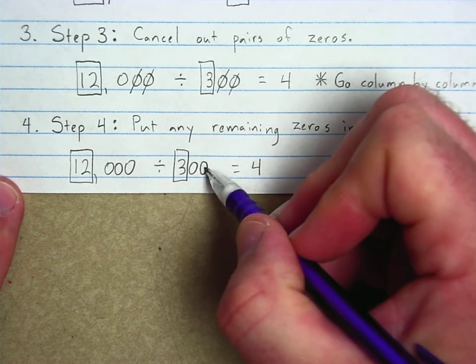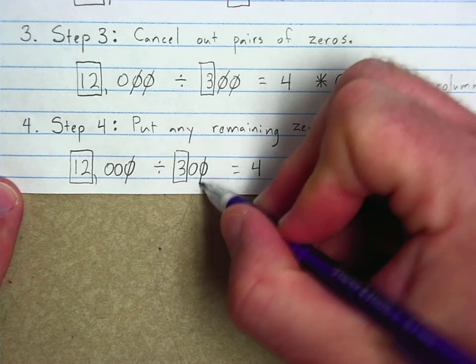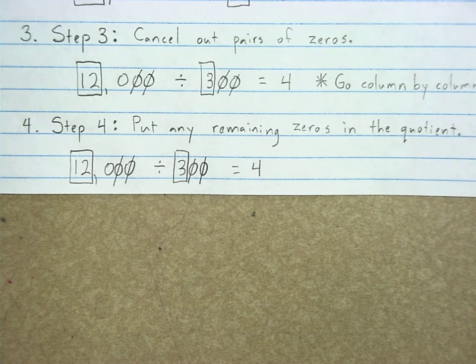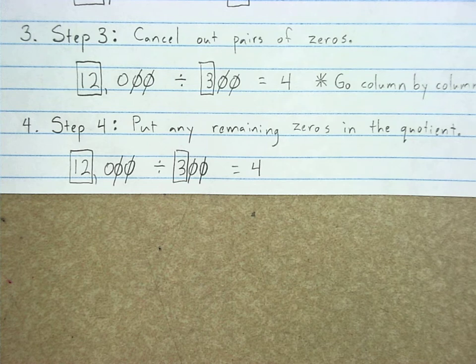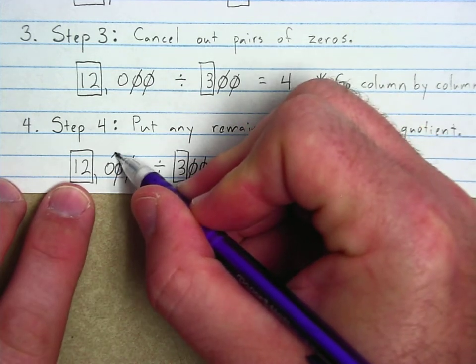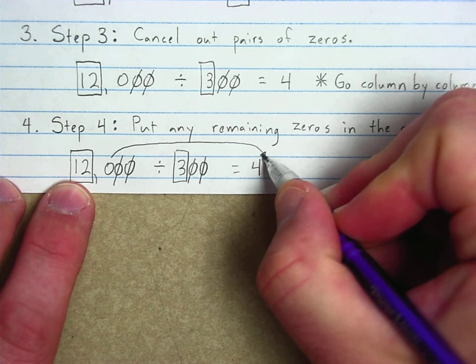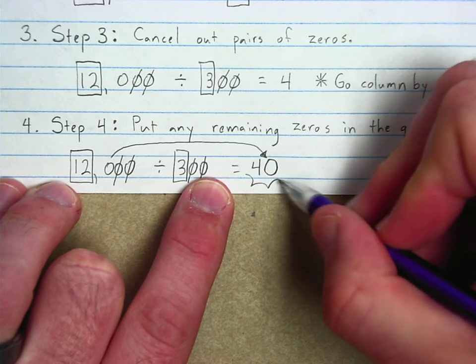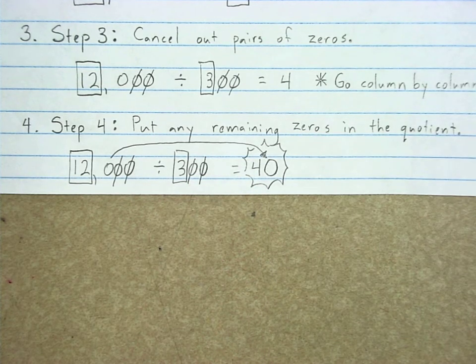Ones and ones, done. Tens and tens, cross them out again. Hundreds and nope, can't do anything there. So that 0 gets to join the 4 in the quotient, and that will be our answer. 12,000 divided by 300 equals 40.